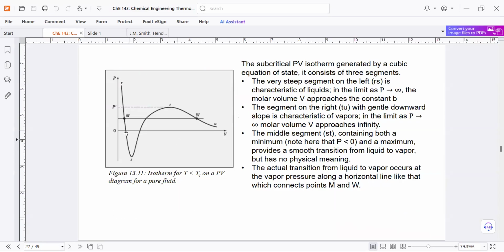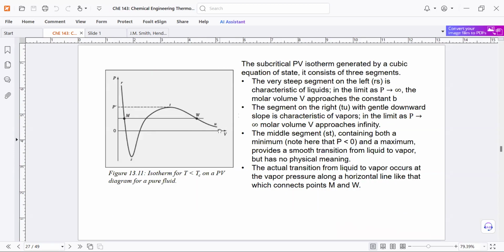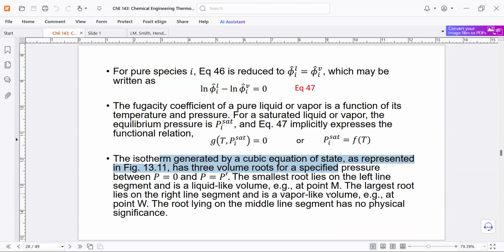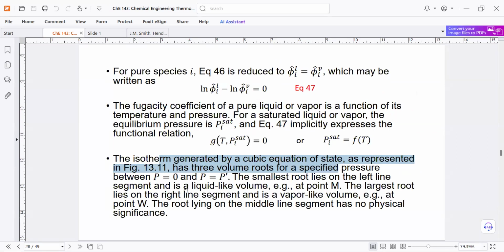The left side would be the liquid-like root, a liquid-like volume, and then the largest root on the right line segment is the vapor-like volume. So in the vapor, when it touches the y equal to 0, that's the vapor-like root or volume. However, the middle one has no physical significance.